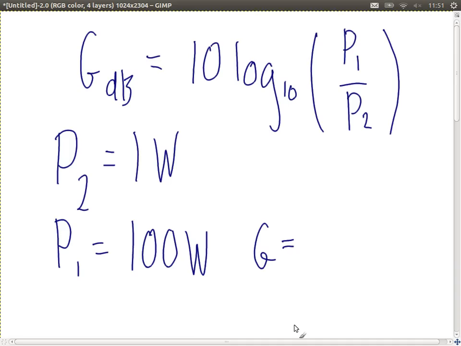It's a factor of 100, or in dB, the absolute factor is 100. 100 divided by 1, easy. In dB, it is 20 dB. Log of 100 is 2, times 10 is 20 dB. Okay, that's our normal. We say P1 is 20 dB larger than P2.